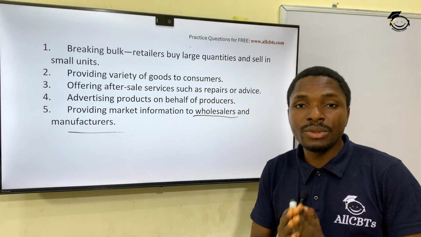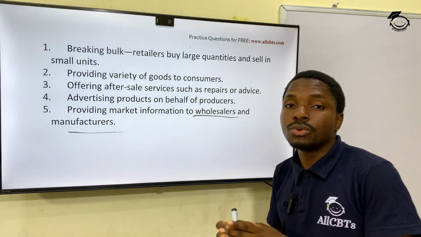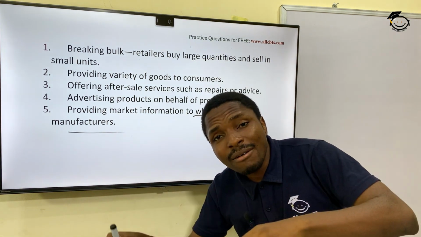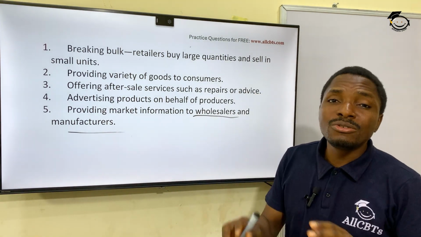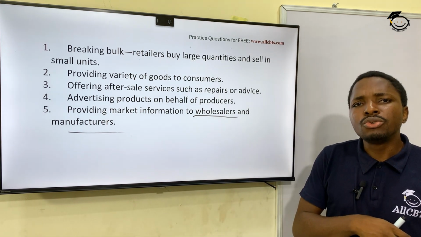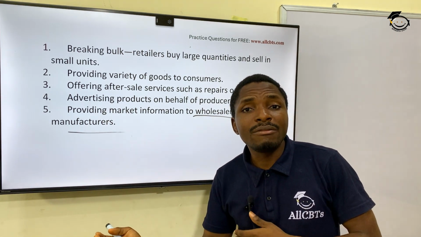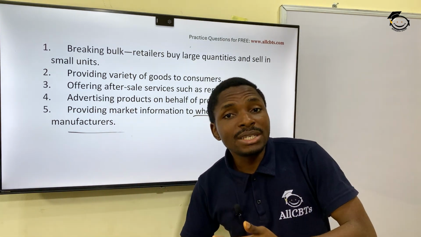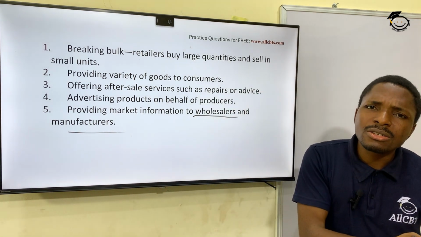Yes, they do that, especially when you are buying tools or gadgets. And then advertising products on behalf of producers. Many times when you are watching a video on YouTube, you see an advert by Jumia. They're actually promoting or advertising a product of a manufacturer.